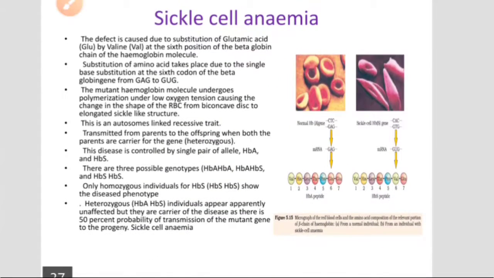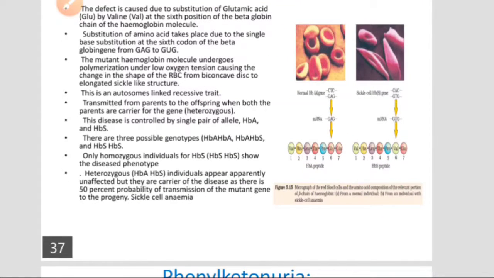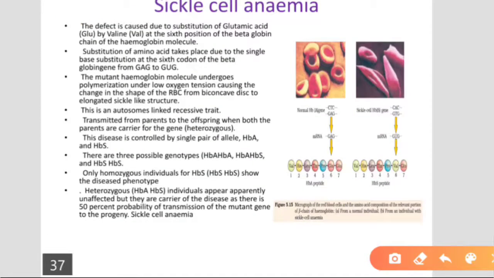Now this is sickle cell anemia. I already told you the Punnett square. This disease is caused due to substitution of glutamic acid by valine at the 6th position of the beta globin chain of the hemoglobin.